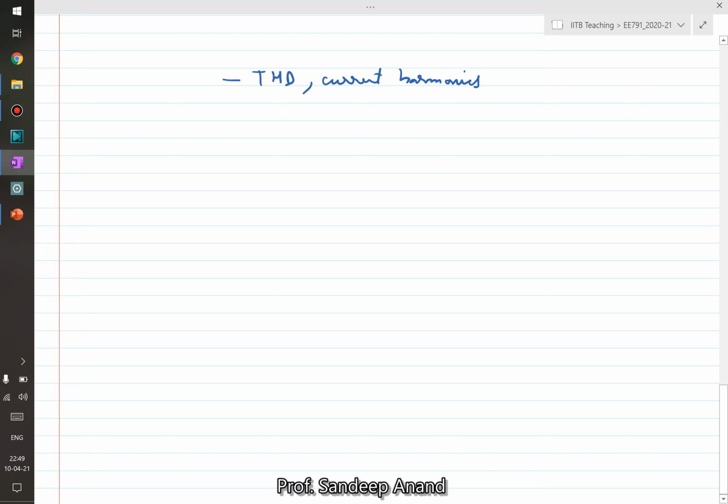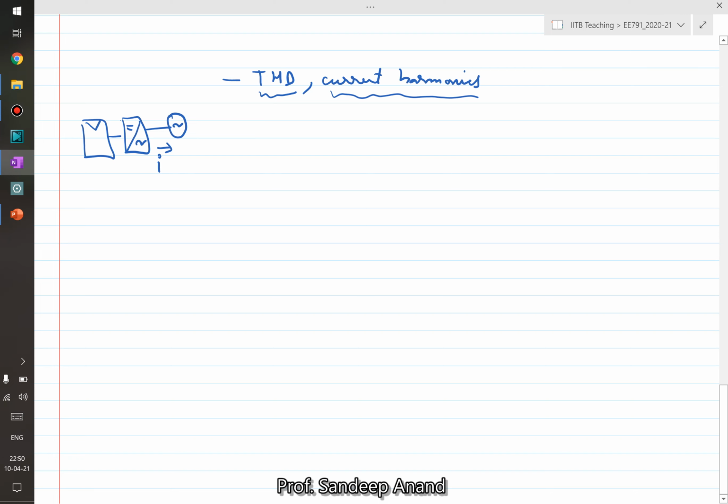If you have a panel feeding an inverter which is feeding power to the grid, it was expected that the current the inverter feeds into the grid would have a low value of total harmonic distortion, and also the individual harmonics, especially the lower ones like third, fifth and seventh, would be restricted to a low value.